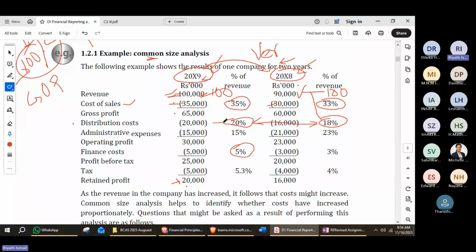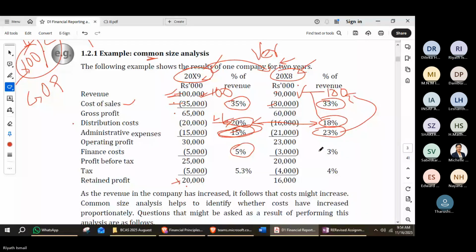The distribution cost increases by 2%, and only then are they able to increase their sales. And see admin cost is 15% this year, but last year 23% of revenue.